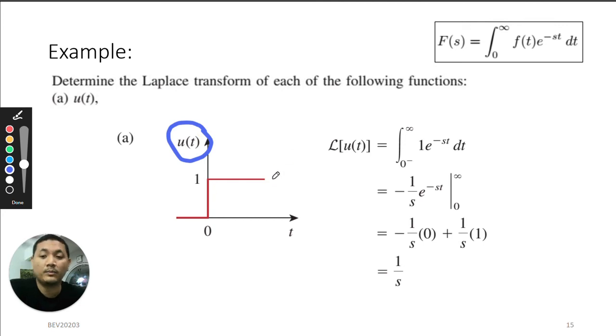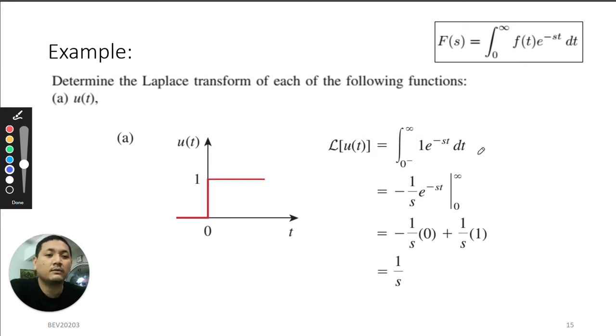Take note, this is the time domain. So how is the signal represented in the frequency domain? To do the Laplace transformation of u(t), if you recall from the previous video, we have to use this equation.